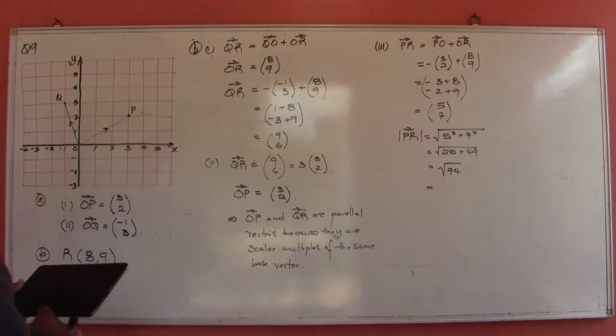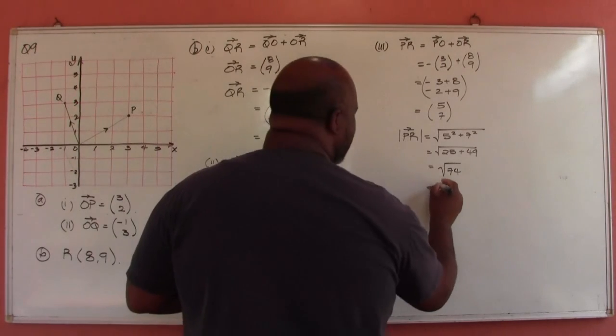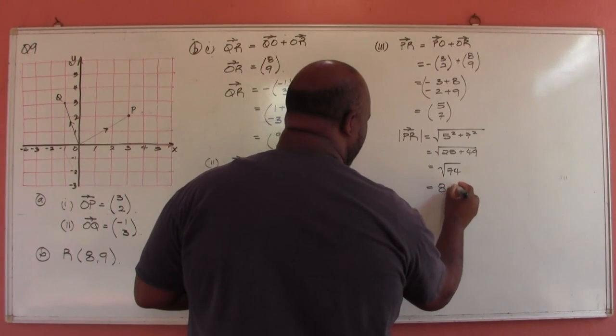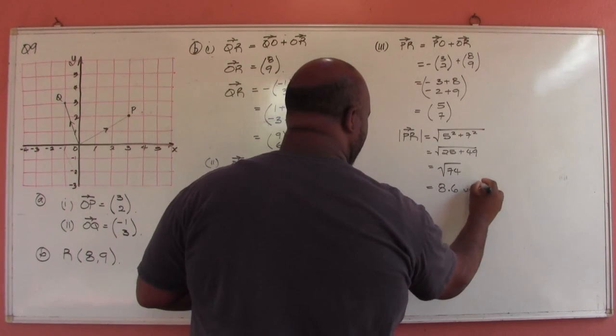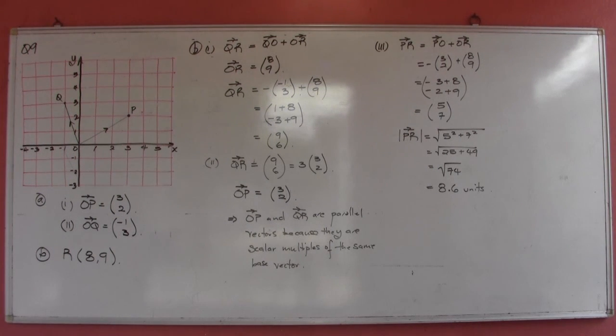It's 8 point something. So the square root of 74 is 8.6. So the magnitude of PR is 8.6 units.